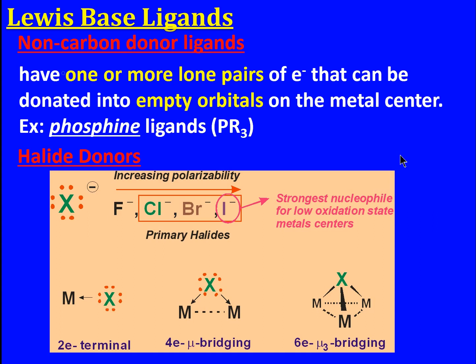These are ligands that have one or more lone pairs of electrons that can be donated into empty orbitals on the metal center. For example, the phosphine PR3 has a lone pair on P that can be donated to the metal center.